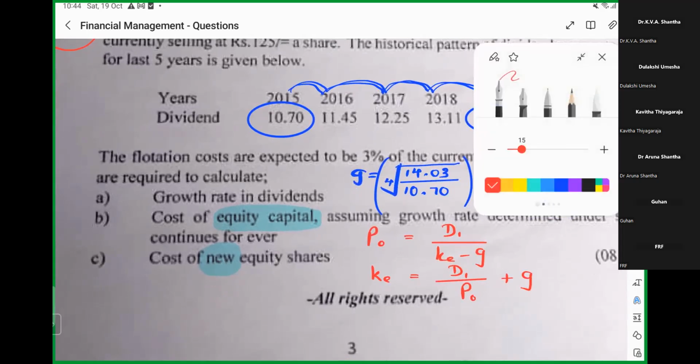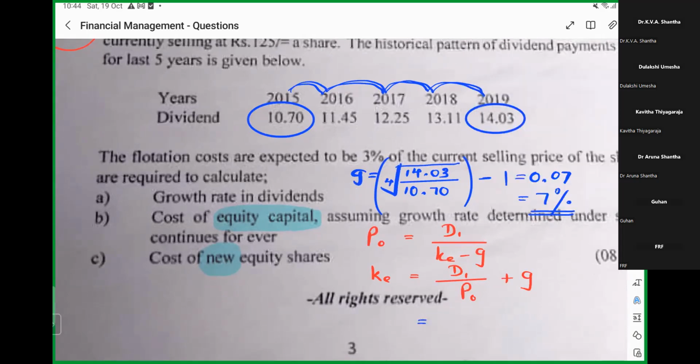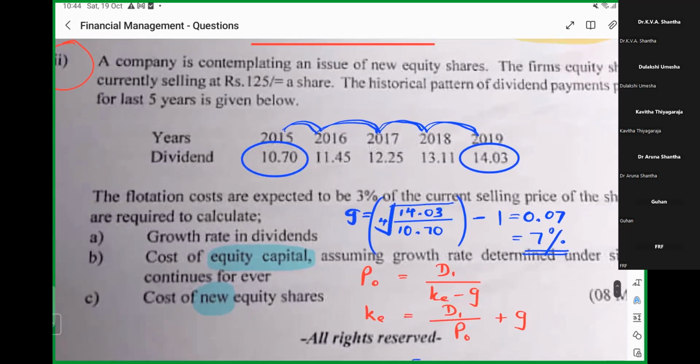So D1, the next dividend. The last dividend is 14.03. So the next dividend will increase by 7%. 14.03 increases by 7%. So that is the next dividend, almost 15 rupees.